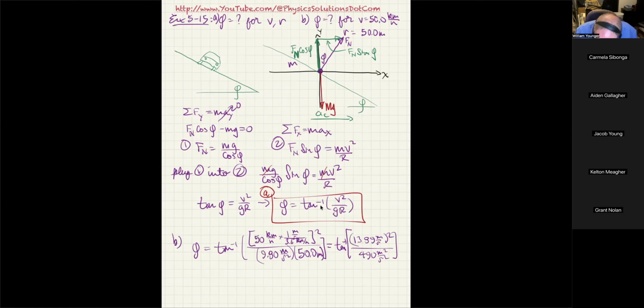That gives me the tangent inverse of 0.3937, and the inverse tangent of that is 21.49 degrees. So we'd say roughly phi is equal to about 21.5 degrees. Anybody have any questions on that?